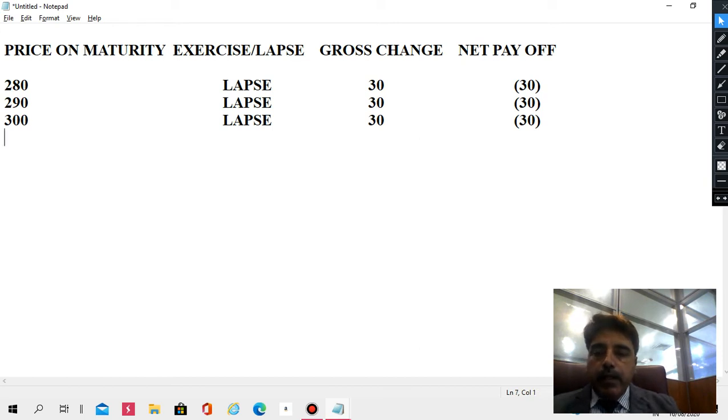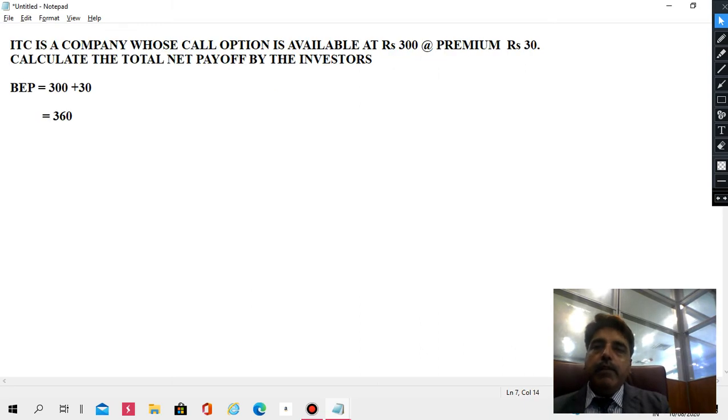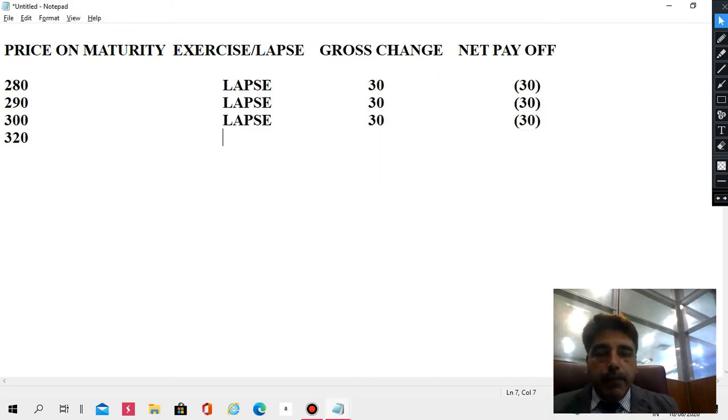Again, at 320, what will happen? Will he exercise or lapse, if you compare it with the break-even point, which is rupees 360? He will exercise, because he will definitely lose, but the loss will be less than the premium amount.